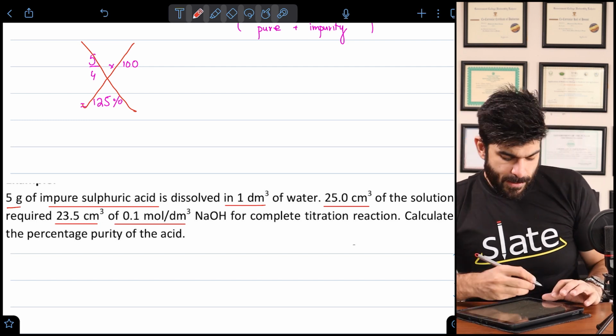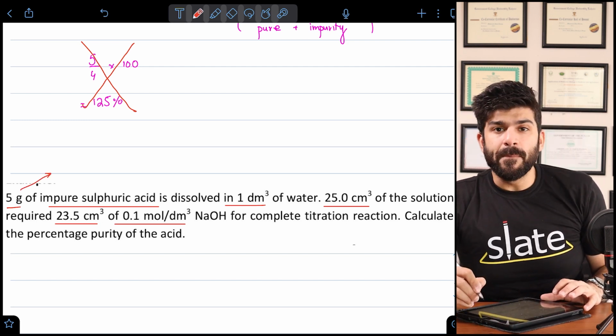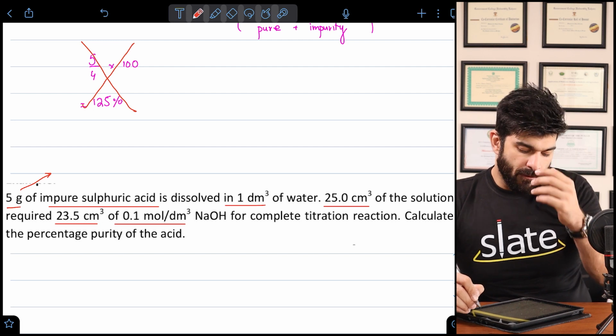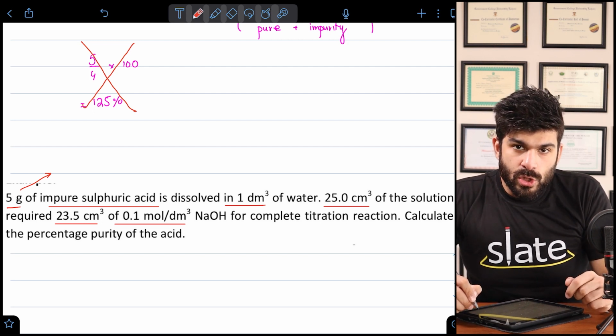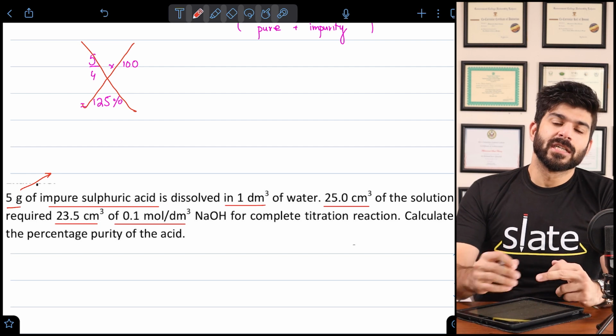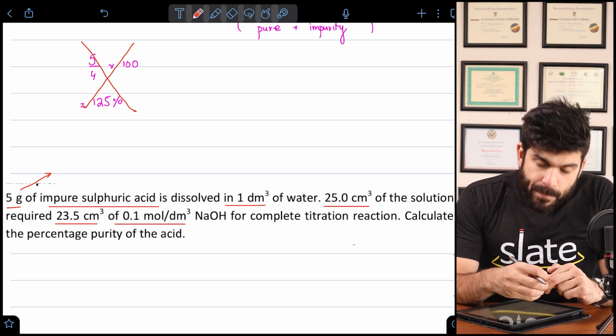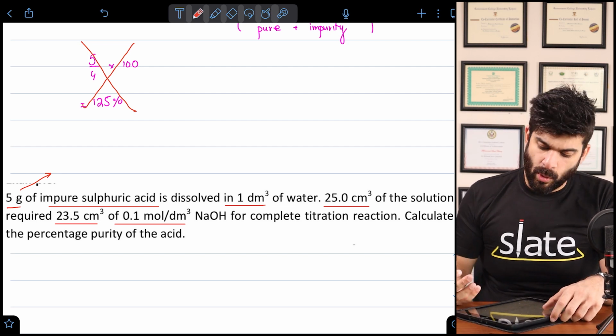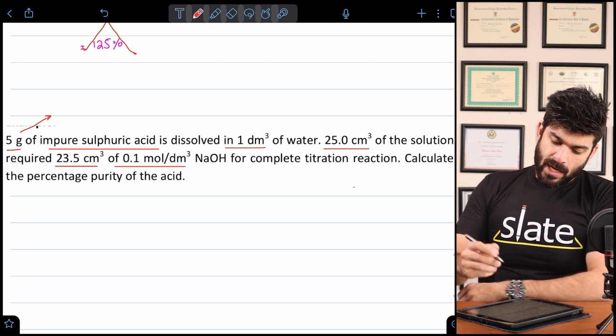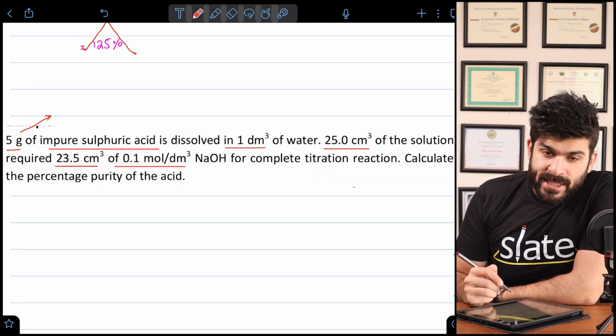So as you can see, the mass of impure is already given to us. 5 gram was impure. So we will just have to calculate the value of the pure substance. Let's see what we have to do. So in this case, calculate the percentage purity of the acid.